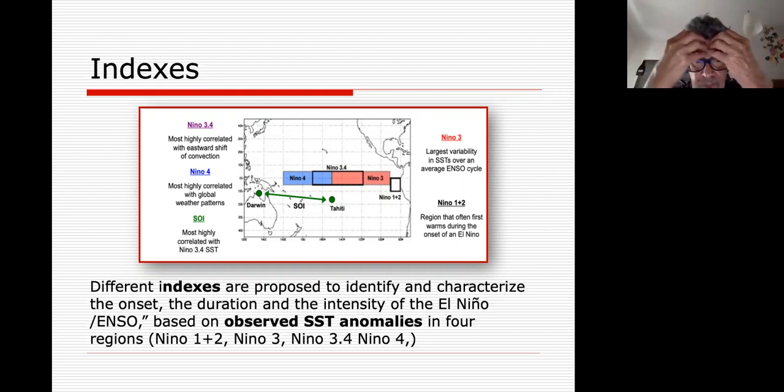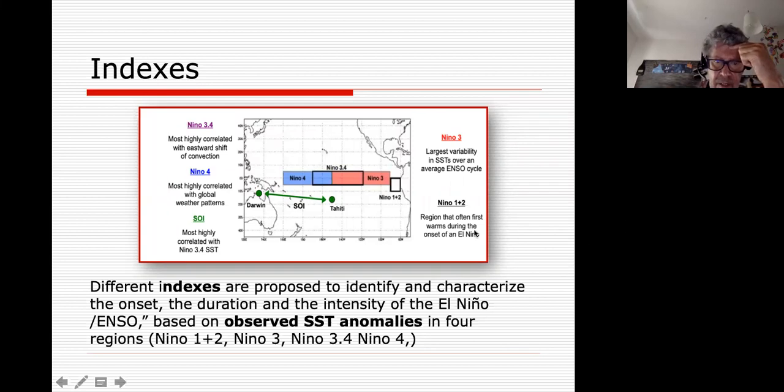There have been many attempts to propose indexes or indicators that quantify precisely the state of the system with a single number.